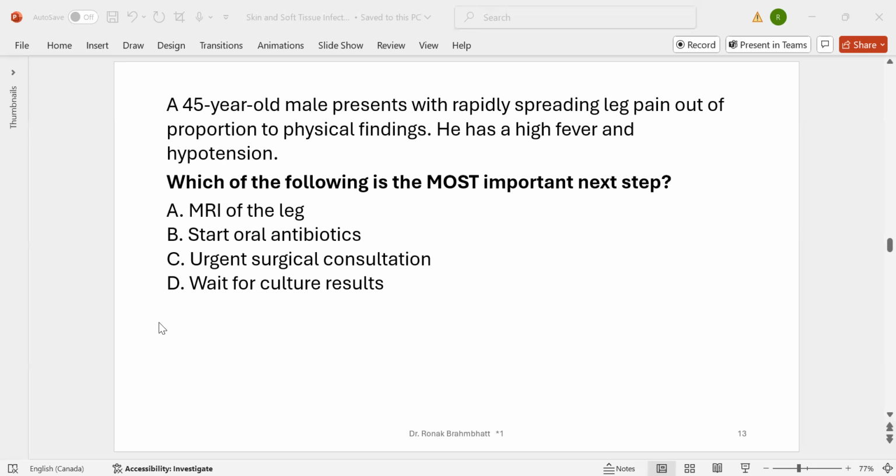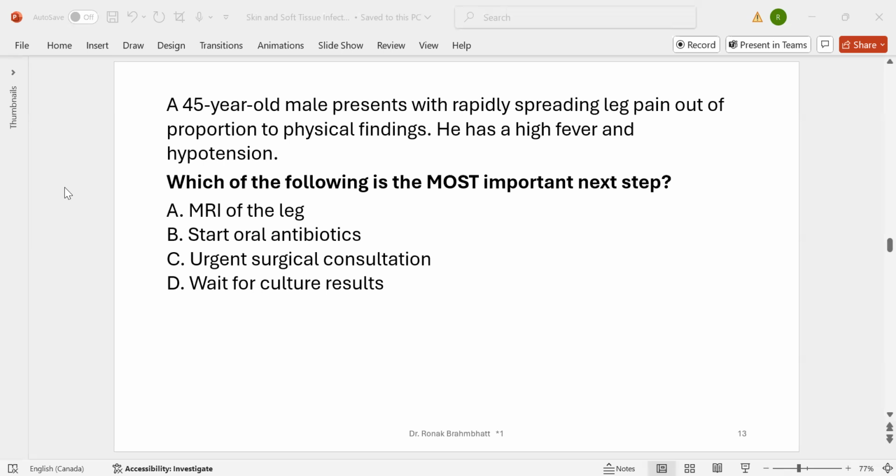What is the diagnosis? Do we know the diagnosis? Any guesses? Compartment syndrome.